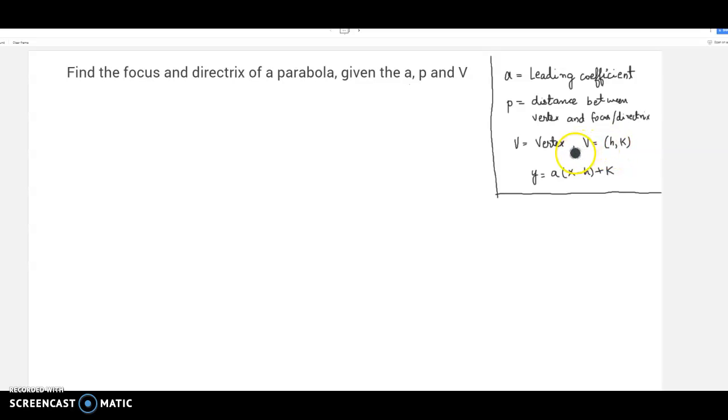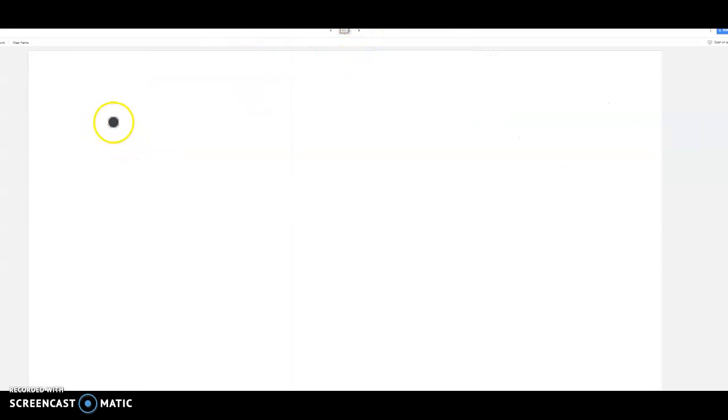Now, before we actually find the focus and the directrix, I just want to quickly explain what we mean by these words. If you think about a circle, we know a circle has two key parts to it. One is the center and one is the radius.